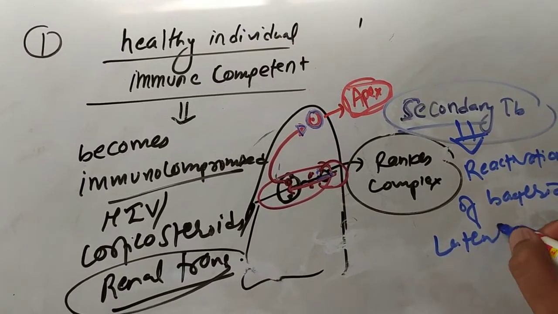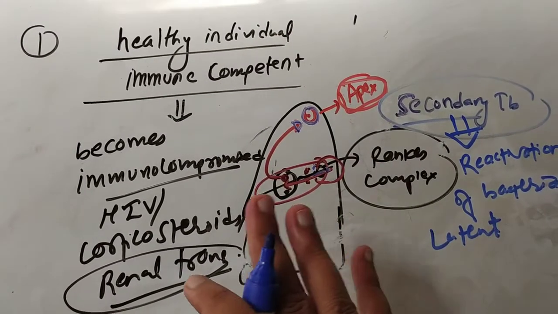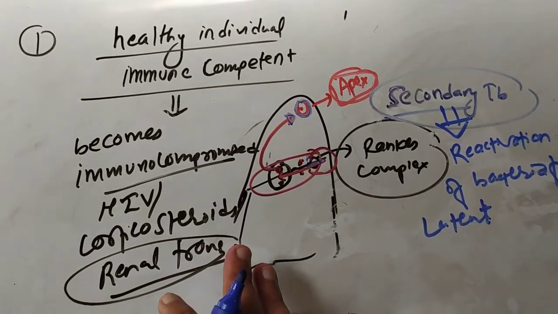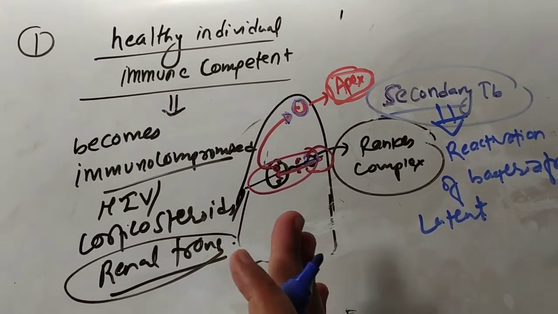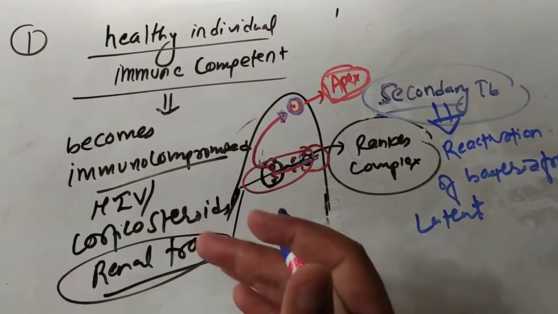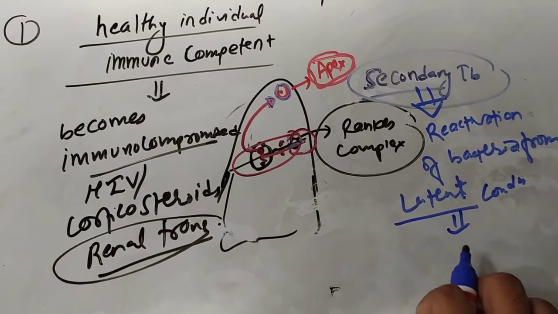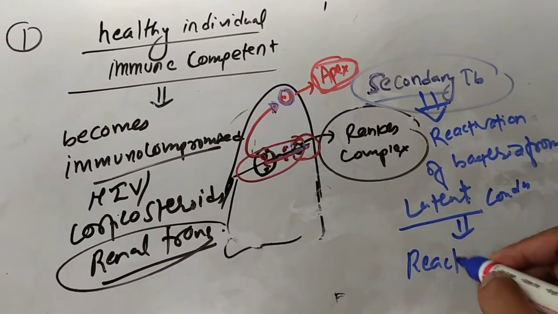The bacteria was silently sitting in your body, not doing anything, but when your immune status was lowered, the bacteria start to reactivate from its latent condition, and that's why it is also known as reactivational TB.